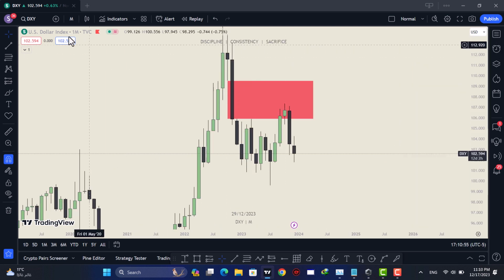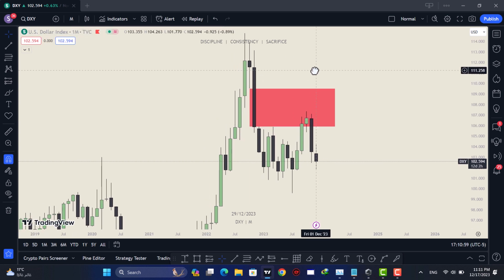And let's start with the DXY, so the US dollar index, and why you should start with the DXY. Now, for one reason is that the DXY is not a tradable pair. Thus, when doing the analysis, you are being objective.